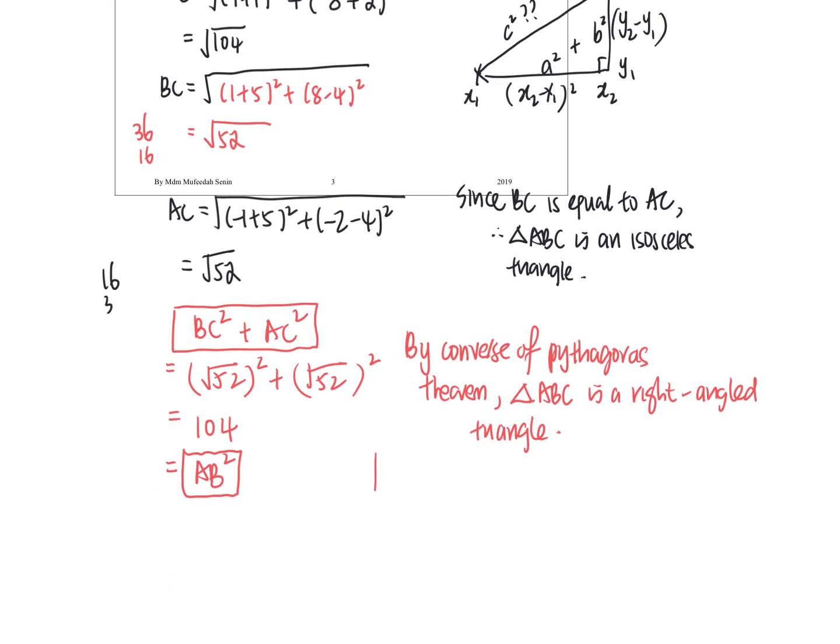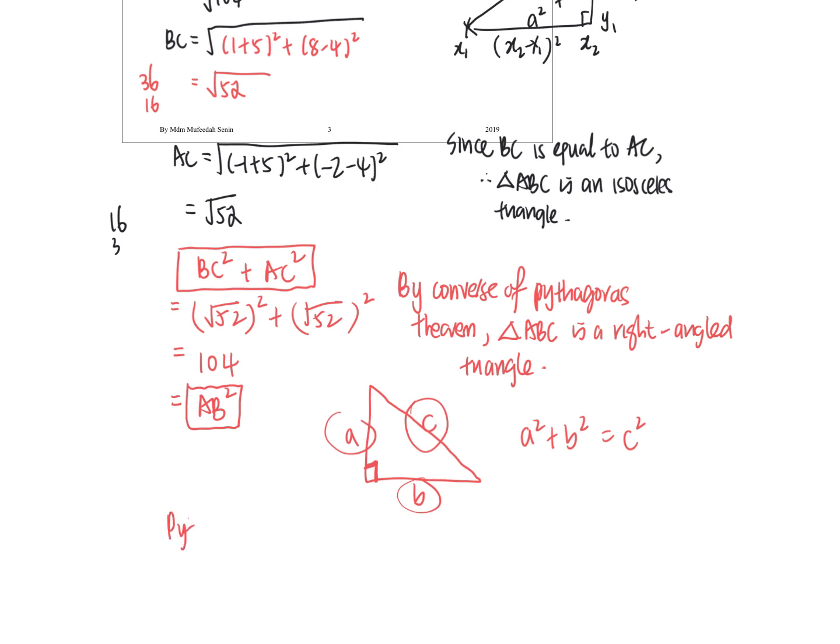If you can show me that in any triangle, the sum of the squares of the 2 sides adds up to the square of the hypotenuse, then you can prove to me that this must be a right angle triangle. Opposite direction. When we first learned Pythagoras theorem, we learned that it must first be a right angle triangle. Then this is true: A square plus B square is C square.